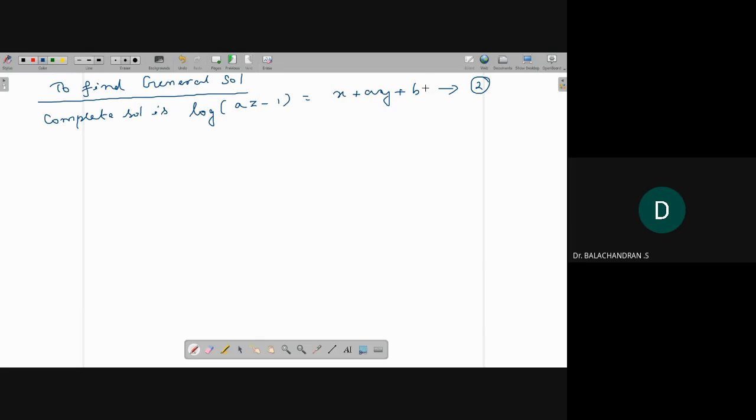Now, to find the general solution, what will we do next? Can anyone tell? Next, partially differentiate with respect to the constants a and b.